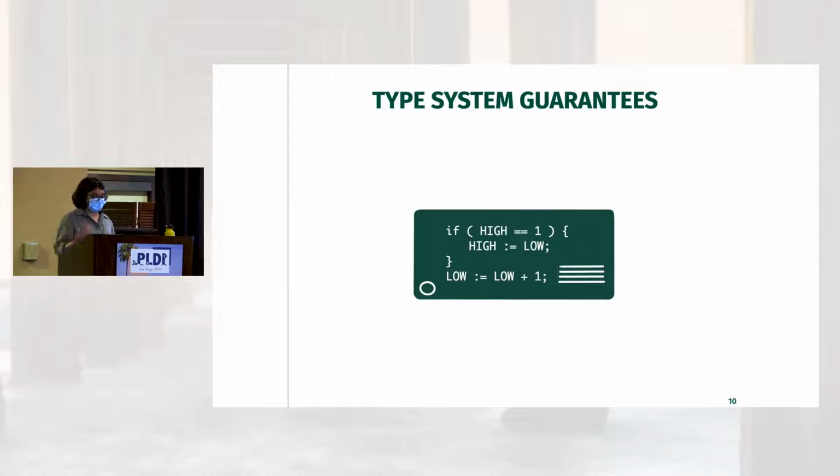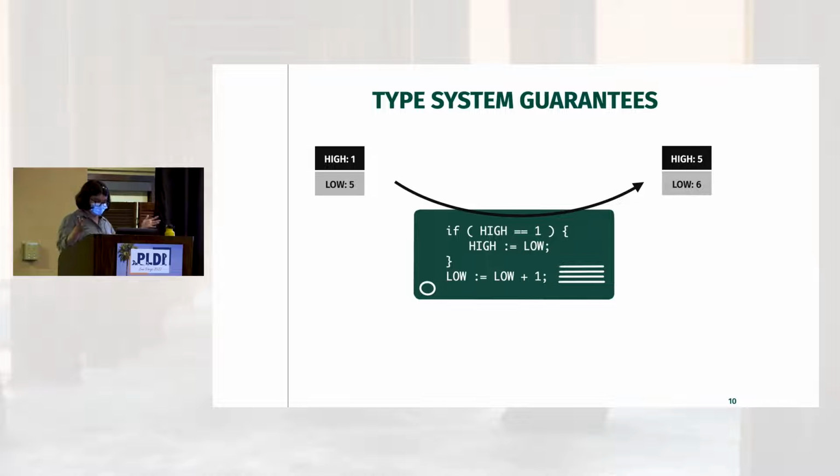Now we'll try to see what are the guarantees a well-typed program provides when it type checks according to an IFC type system. Suppose this program is well-typed, and now you run it on an input state having some high variables and low variables, and you evaluate this program on that input, you get some output.